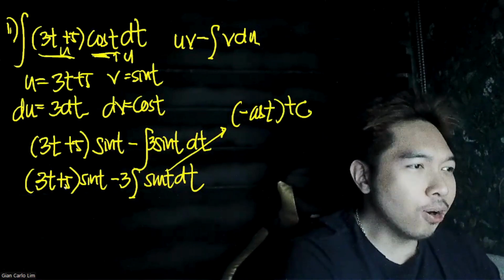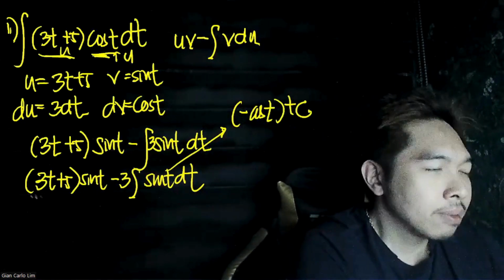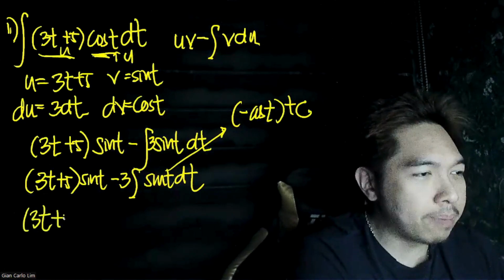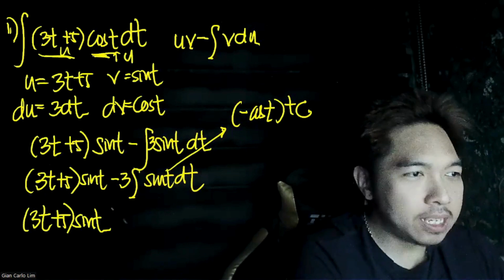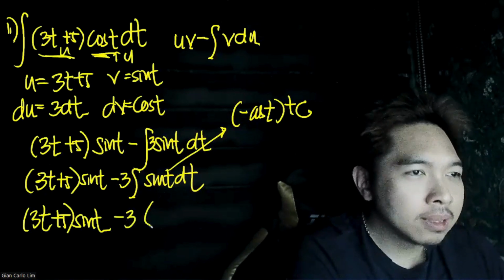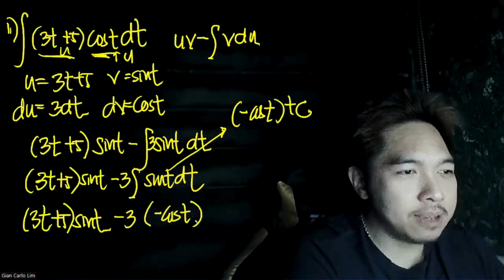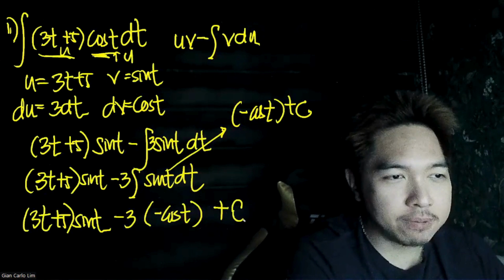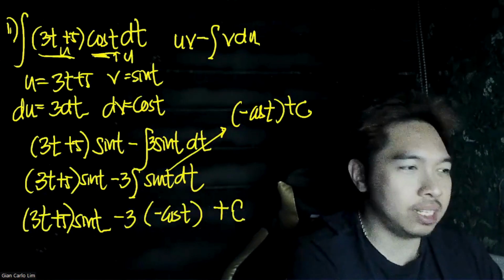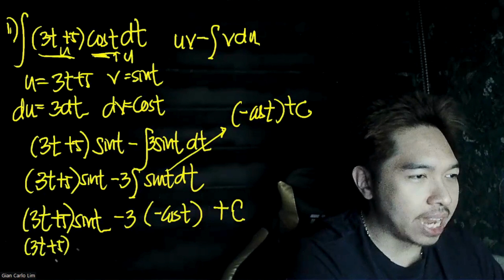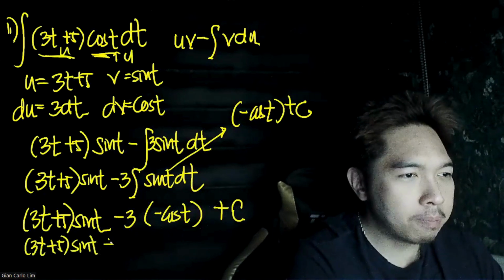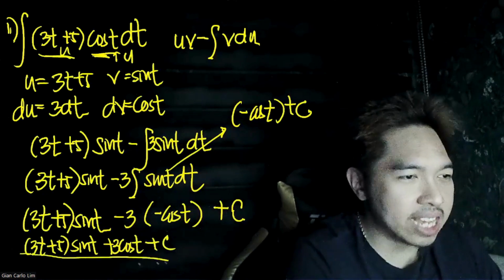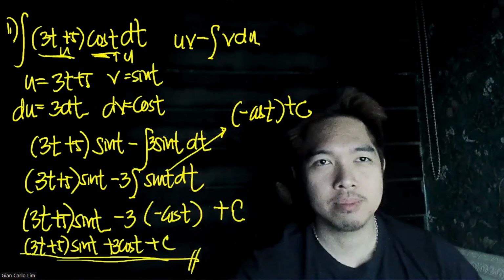So the integral of 3t plus 5 cosine t will then be equal to 3t plus 5 sine of t minus 3 times the quantity negative cosine of t plus c. Negative and negative becomes positive. Therefore, the integral of this one is equal to 3t plus 5 sine of t plus 3 cosine of t plus c. And this is now the answer to our sample problem.